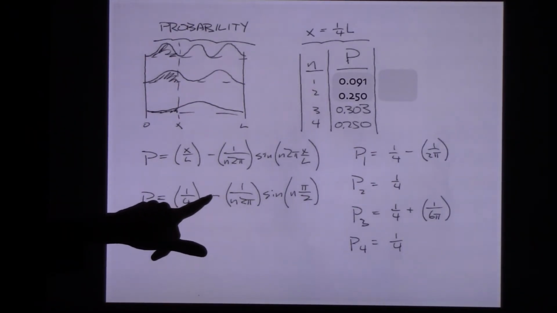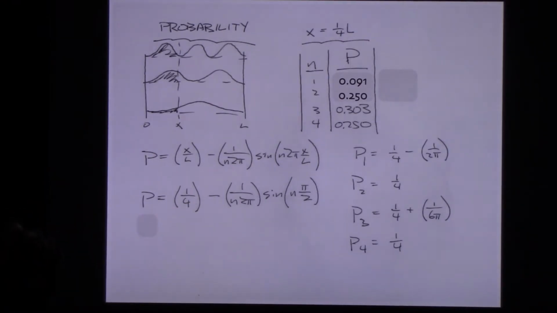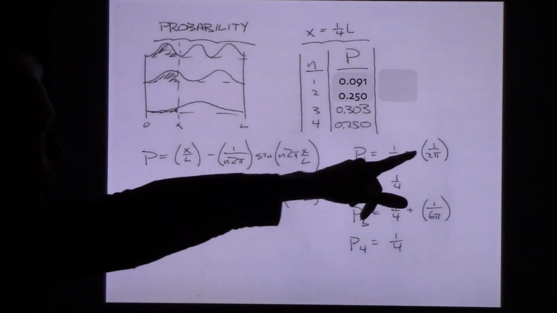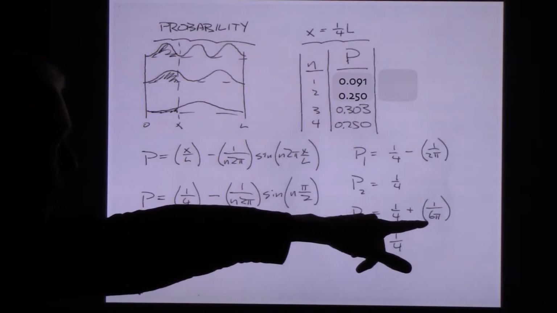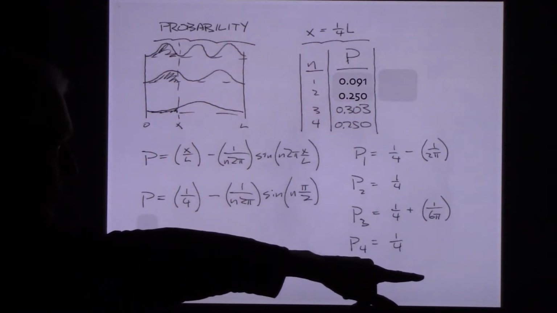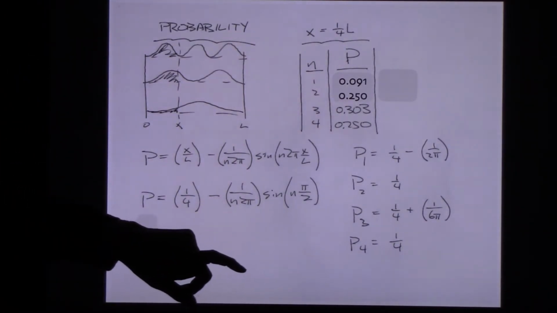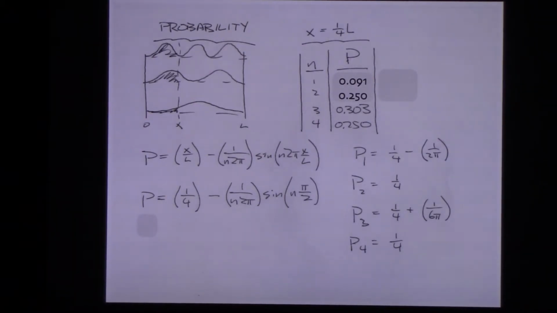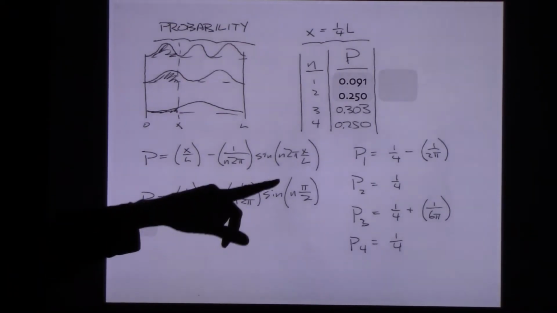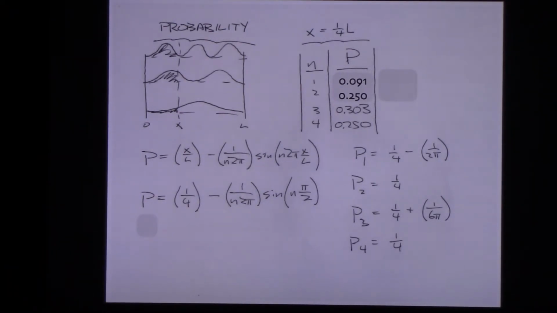And so that will control whether it's a little bit added on or a little bit subtracted. So it was -1 over 2 pi, now it's plus 1 over 6 pi. The next one's going to be minus 1 over 10 pi. So you can see that it's going to get closer and closer to 1/4. The biggest discrepancies were in these odd quantum states 1 and 3.